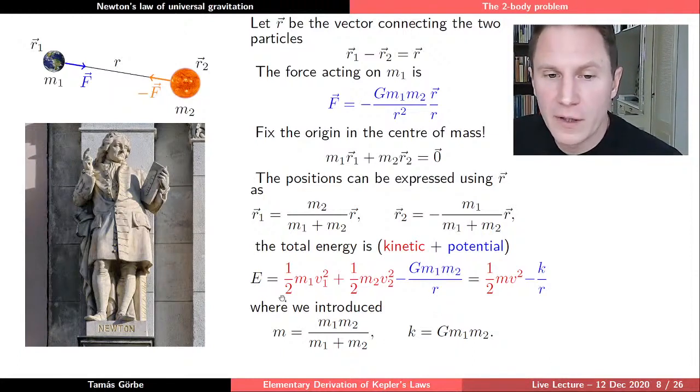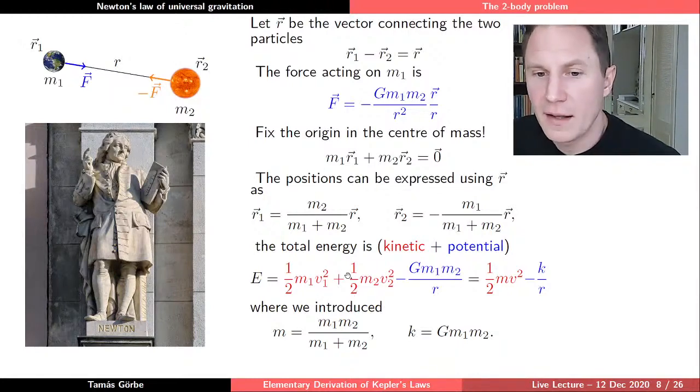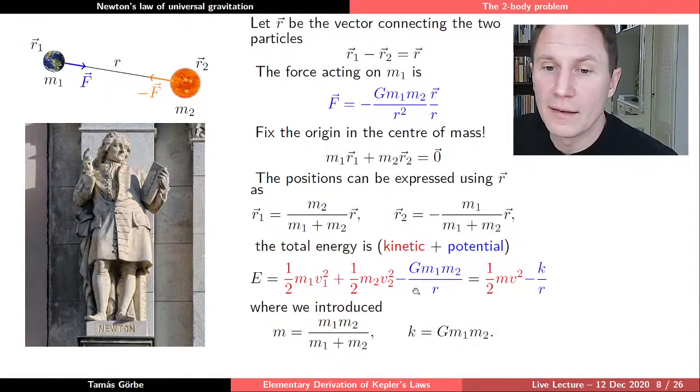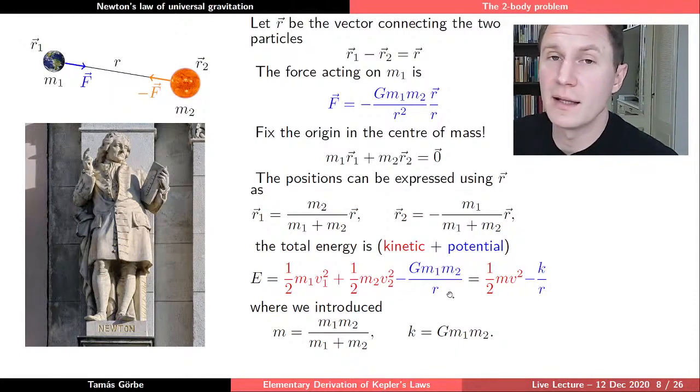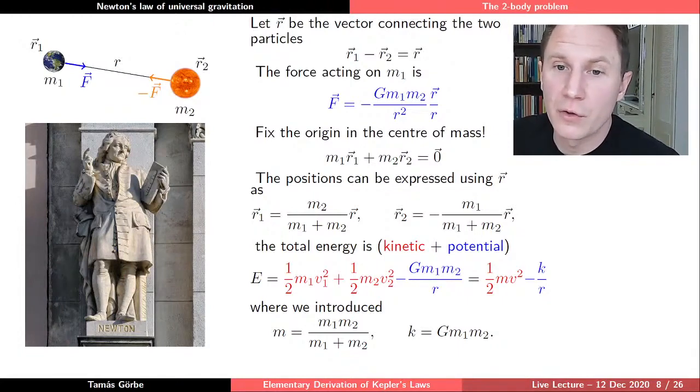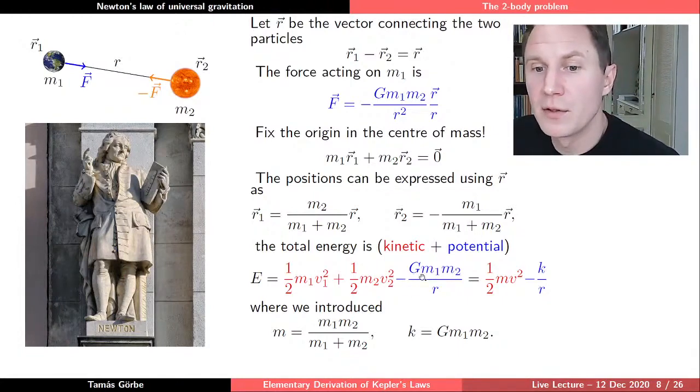What I have here is the kinetic energy of m1, 1/2 times the mass times the velocity squared, plus the kinetic energy of the second body, the Sun, 1/2 times its mass times the velocity squared. Then I have the potential energy, the term that comes from the gravitational attraction: minus capital G times m1 times m2, divided by the distance.